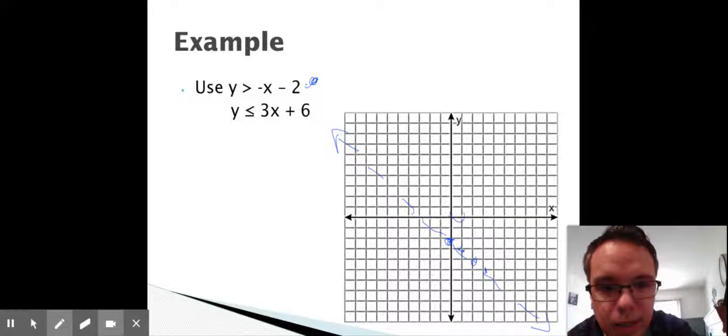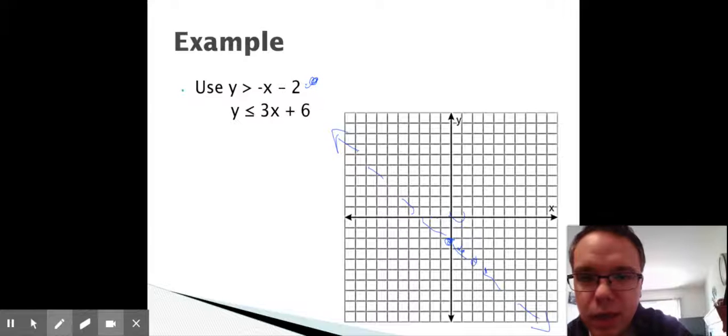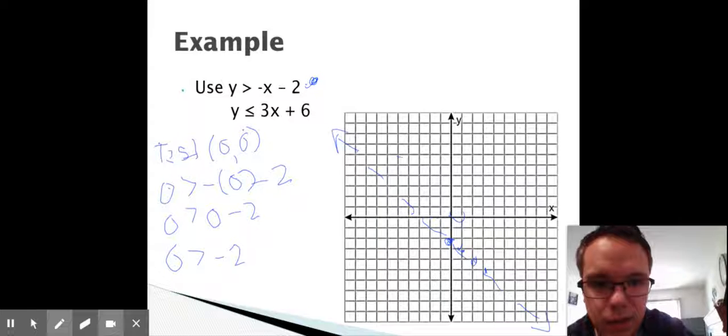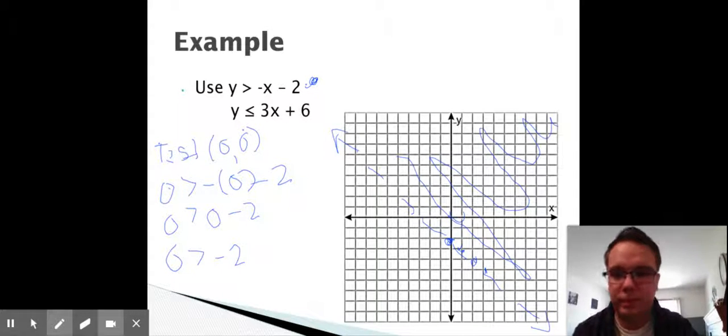If we test the point 0, 0, which is right there, we are going to plug in 0 for y and 0 for x. And so we're going to get 0 greater than 0 minus 2. And is 0 greater than negative 2? Yes, it is. So we're going to shade lightly in this direction.